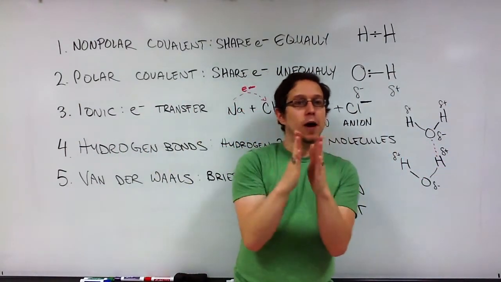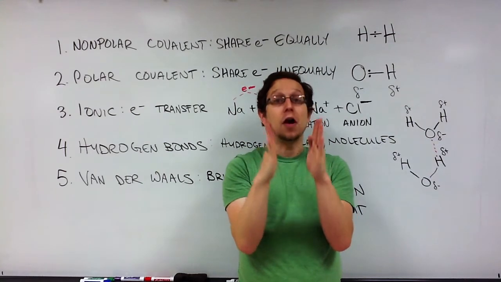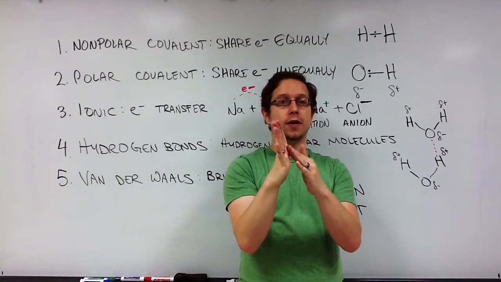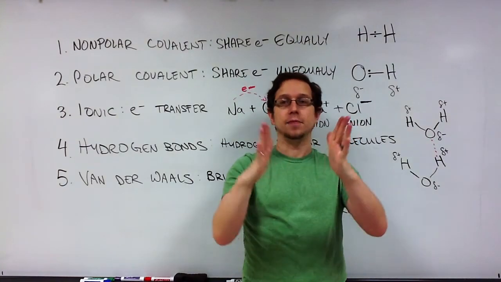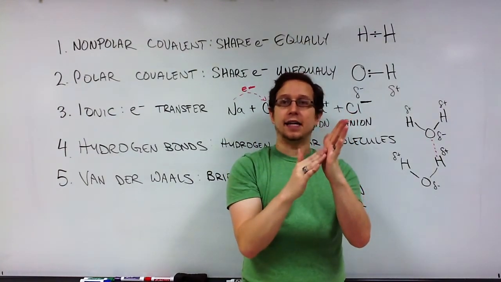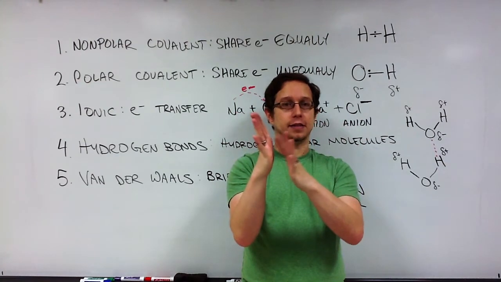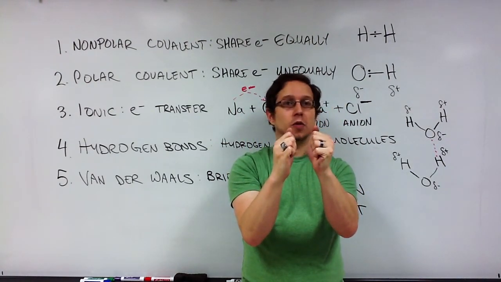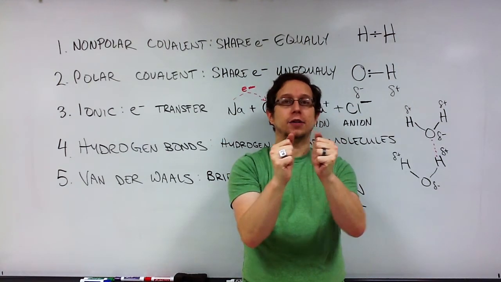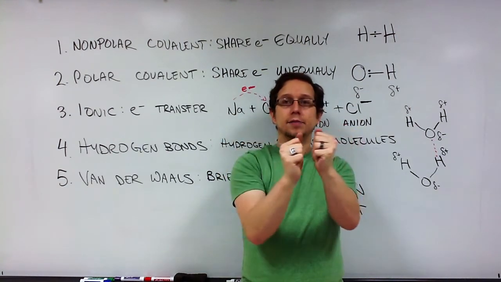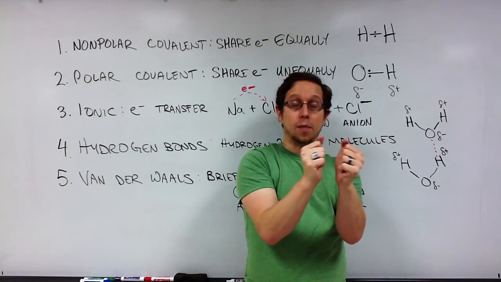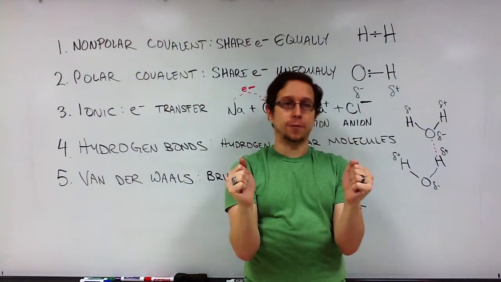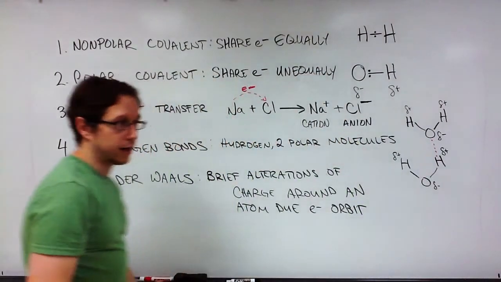If you have multiple atoms in close proximity to each other, the result of this is if one atom has a slight positive charge on the side that's facing the other atom, and that other atom has a slight negative charge facing this atom, they're going to be slightly attracted to one another. But then as the electrons orbit, they're going to lose that attraction and then be repelled. So these atoms are constantly moving back and forth, either attracted to one another or repelled from one another due to the orbit of the electrons.